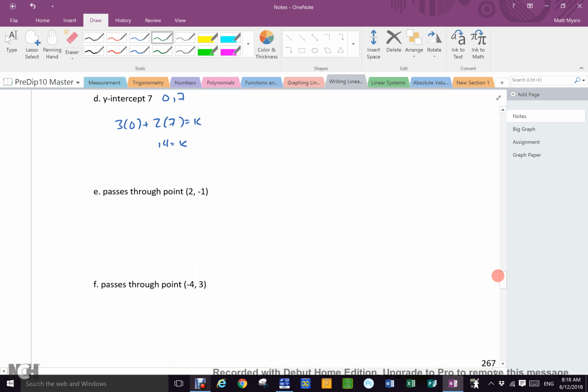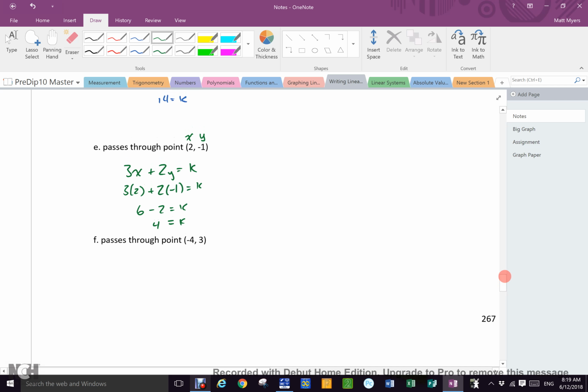What is this? An x. What is this? A y. 3 x's plus 2 y's get me k. 3 x's is 3 times 2, plus 2 y's is 2 times -1 equals k. 6 minus 2 equals k. K equals 4.